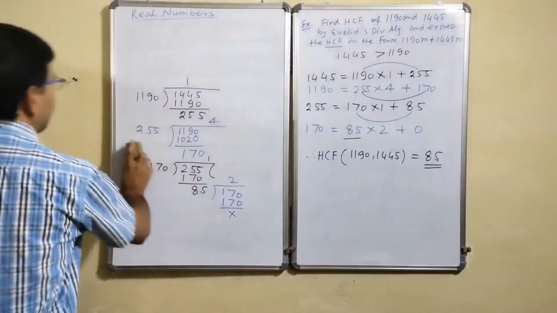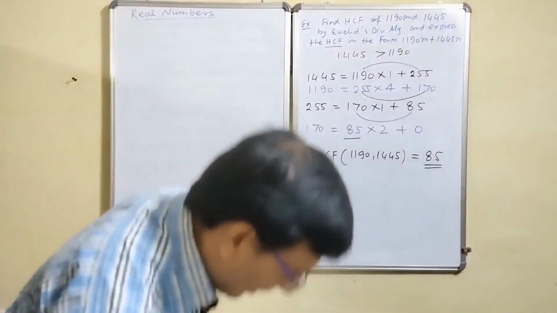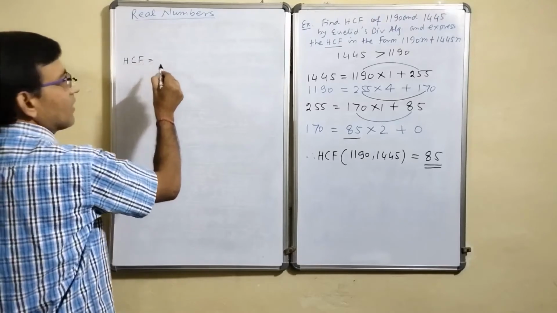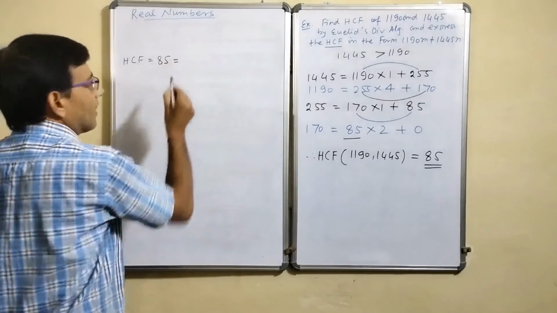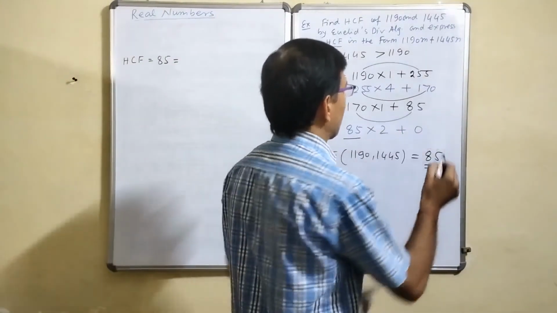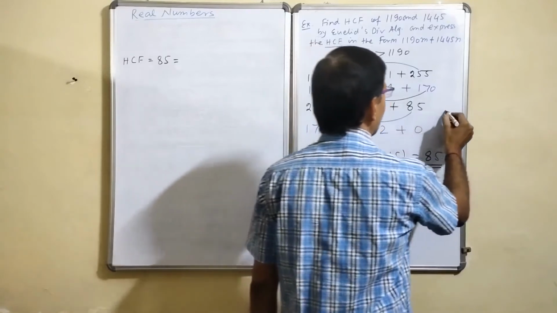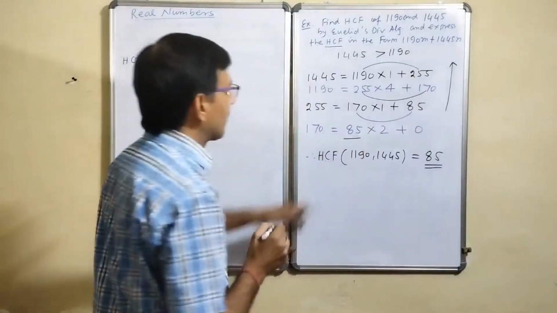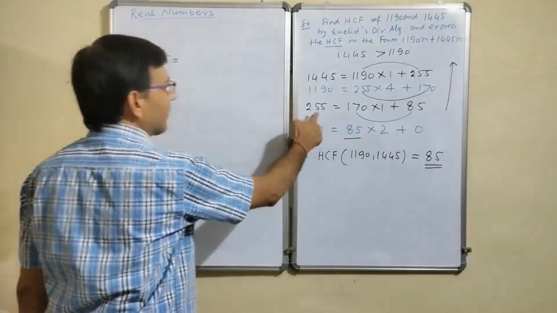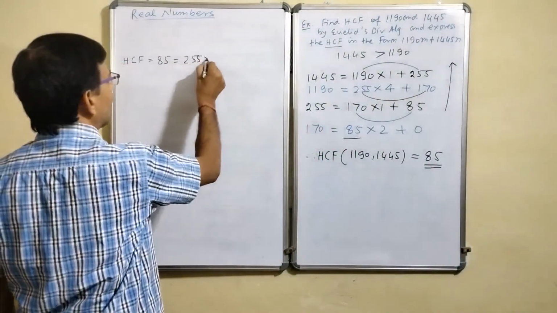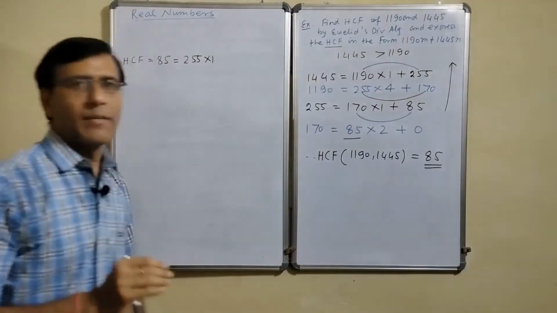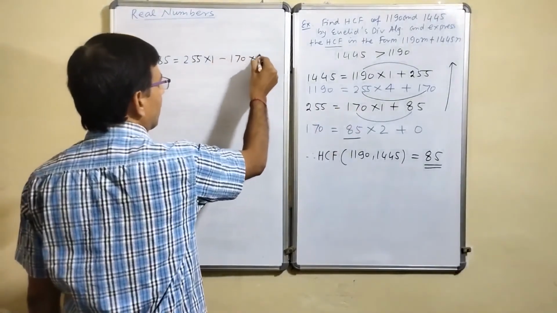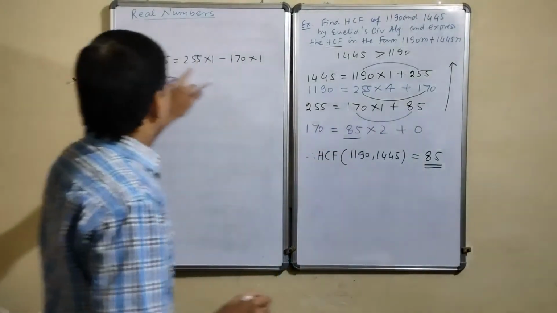So SCF is equal to 85, and start from the second last step, from bottom to top. 85 can be written as 255 into 1 minus 170 into 1. This is the replacement of 85.